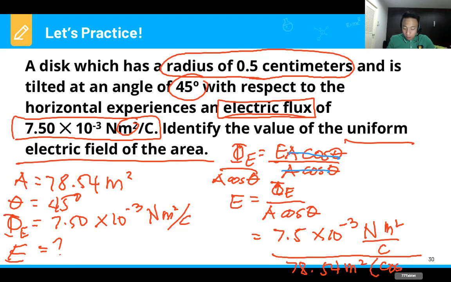cosine 45 degrees. Kung ang cosine 90 degrees ay 1, ang kalahati ng 1, which is cosine 45 degrees, 0.5. Tama? With analogy there. Okay, so bubuhayin ko to.